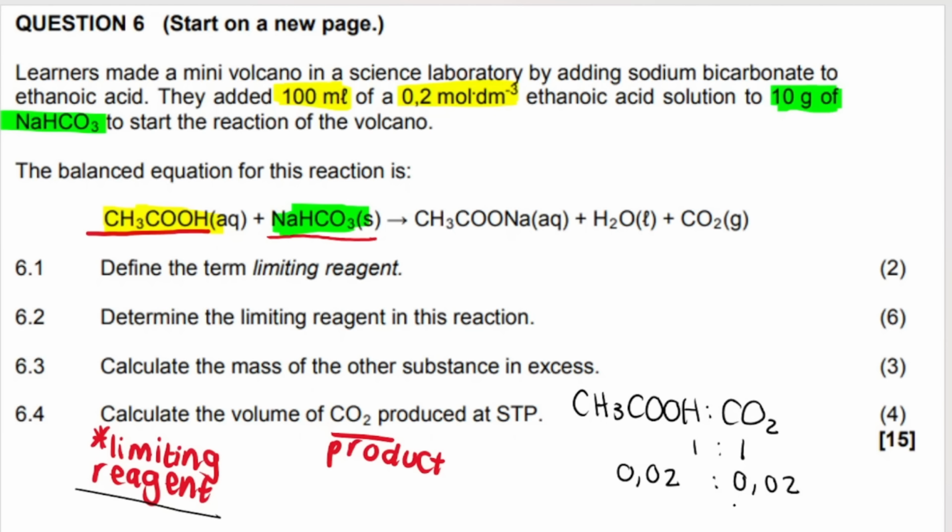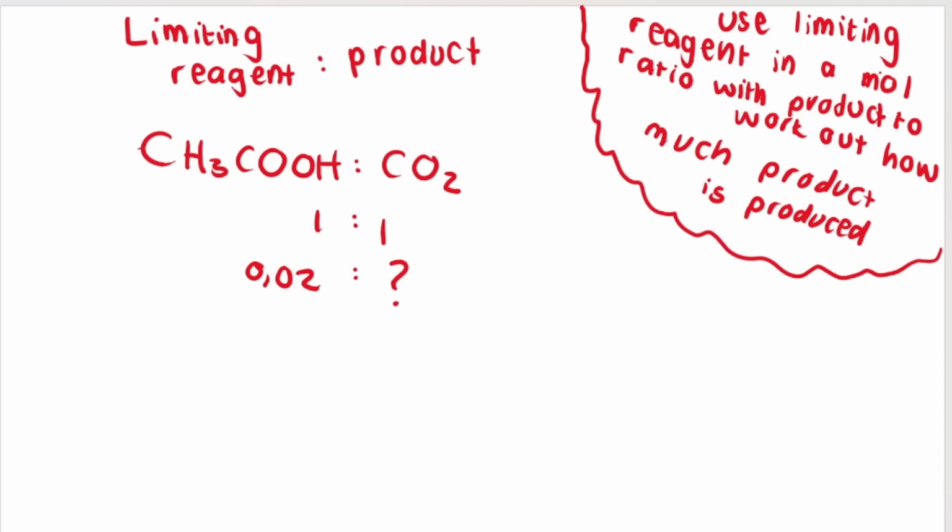Now we know that's the number of moles of CO2 that is produced, but they want the volume produced. So all we need to do is convert moles to volume. So there we go, a note for you to take down. We always use the limiting reagent in a mole ratio with the product in order to work out how much product is produced.